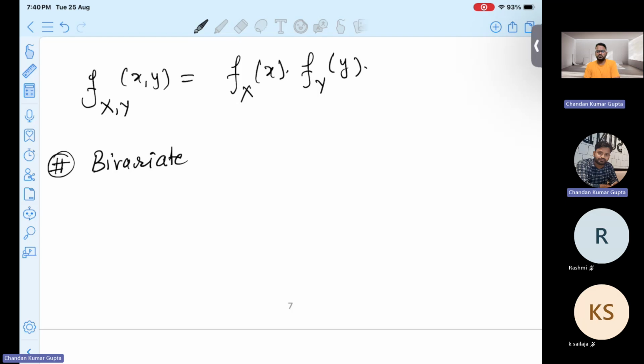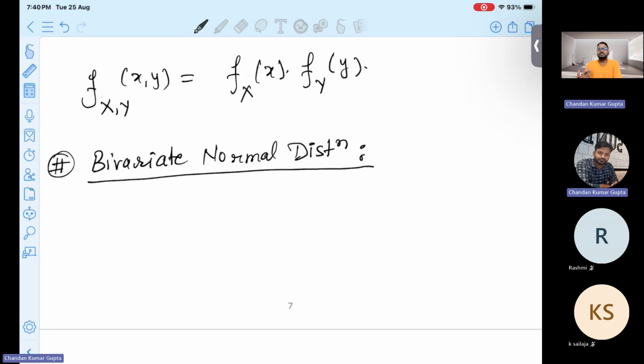The bivariate normal distribution has some more properties as compared to other bivariate distributions, like bivariate uniform or bivariate exponential. This distribution has some specific properties as well, so that we are going to discuss here.